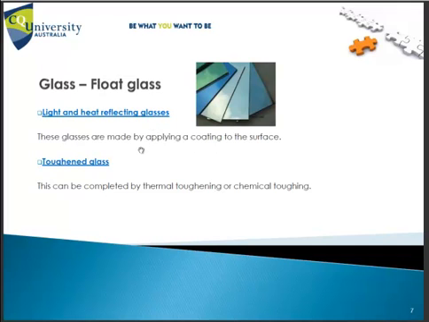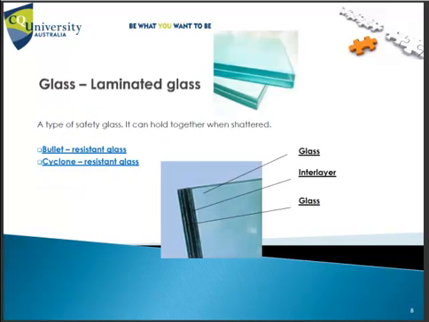And of course, there is toughened glass, which we can see in banks and in some types of cars. Another type of glass is laminated glass. It is basically a type of safety glass, and you can see it in banks and in some types of cars.